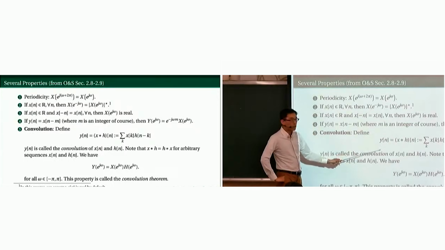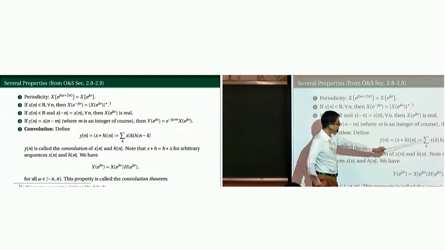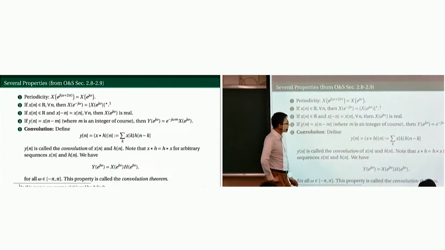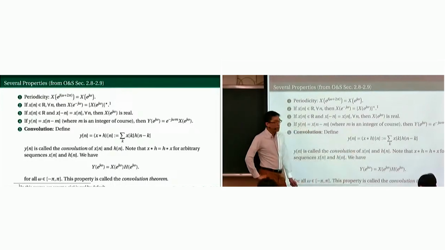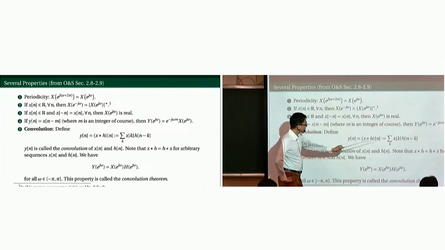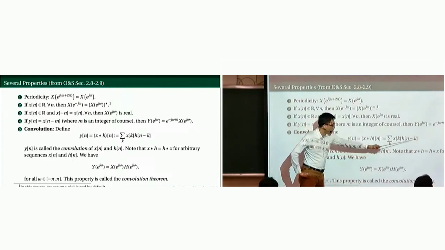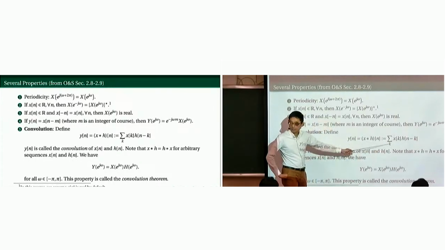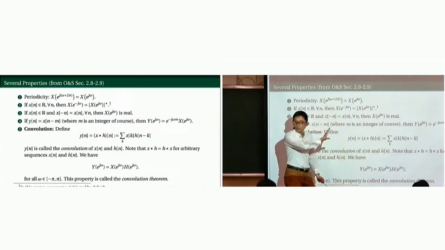We're taking two signals, and the definition is a summation over k, a sum of products, and for every n, we flip one of the signals. Note that here h goes backward. Inside this summation, x of k goes forward, but for h there is a minus k, so h goes backward.